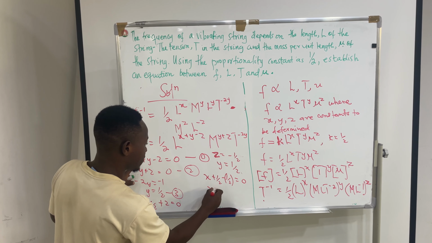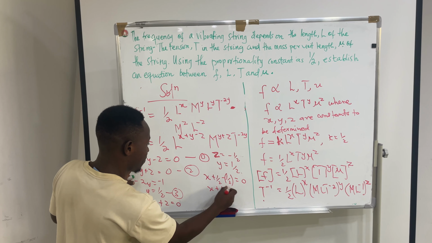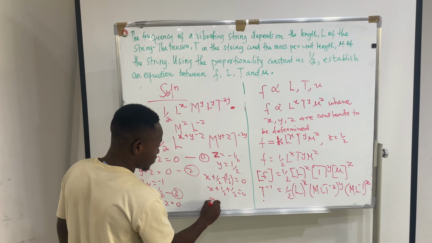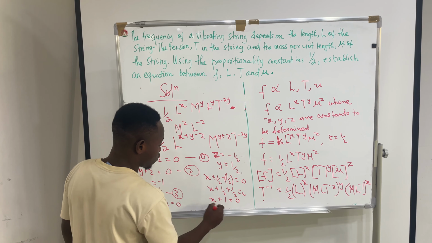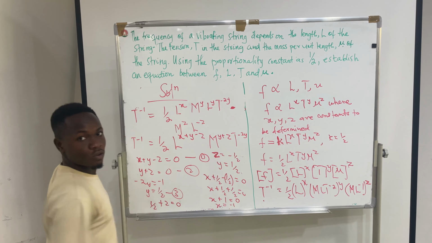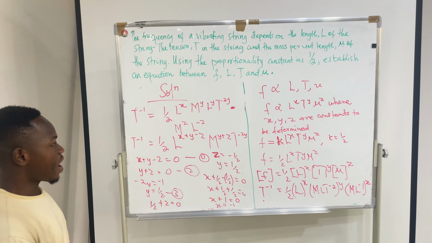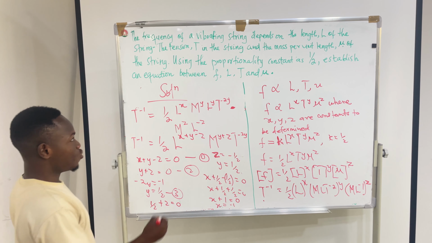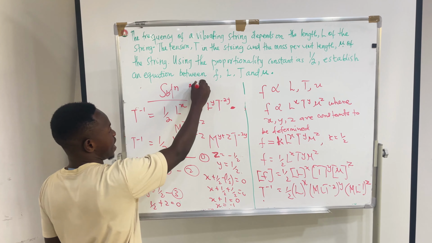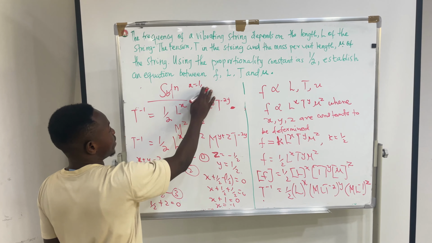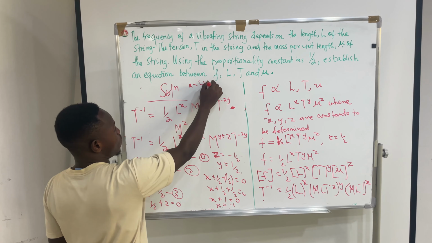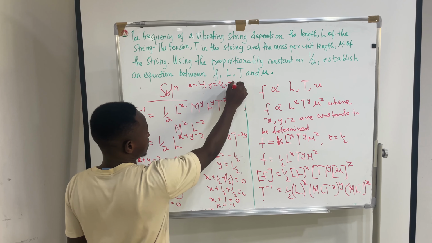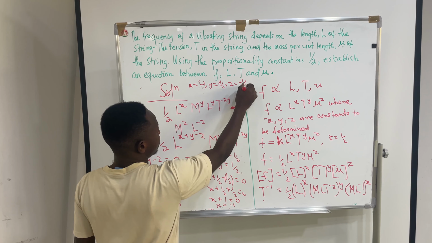So this becomes x plus half equals 0. So I'm going to get x plus 1 equals 0. So my x is negative 1. So right now, I've been able to find all my constants x, y, z. So x is negative 1, y is half, and my z is negative half.